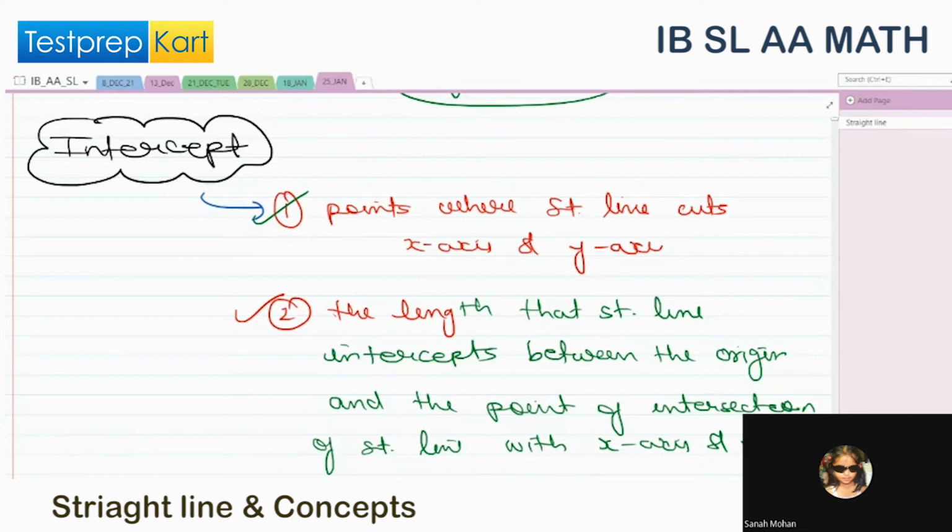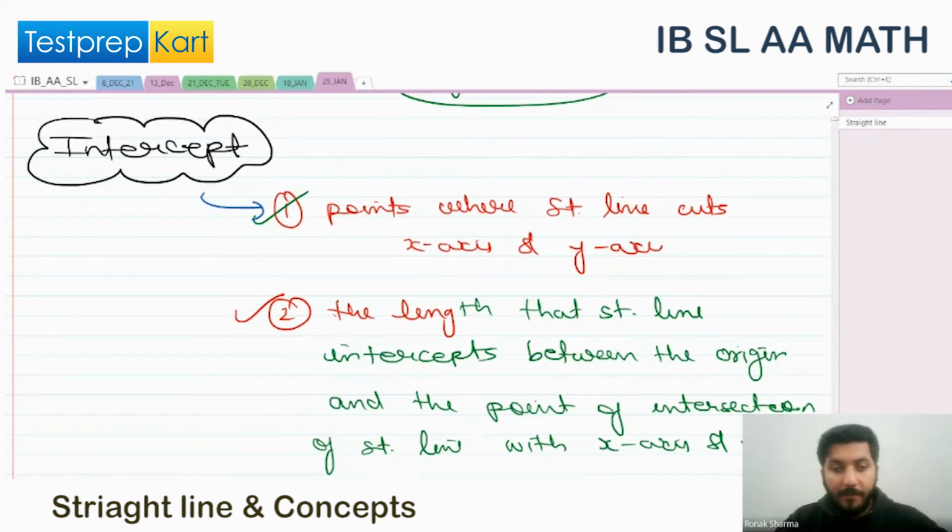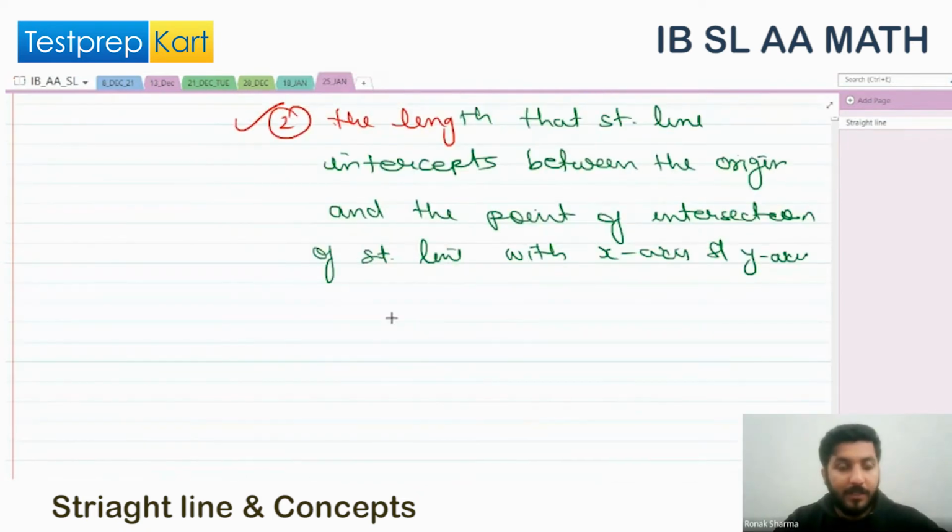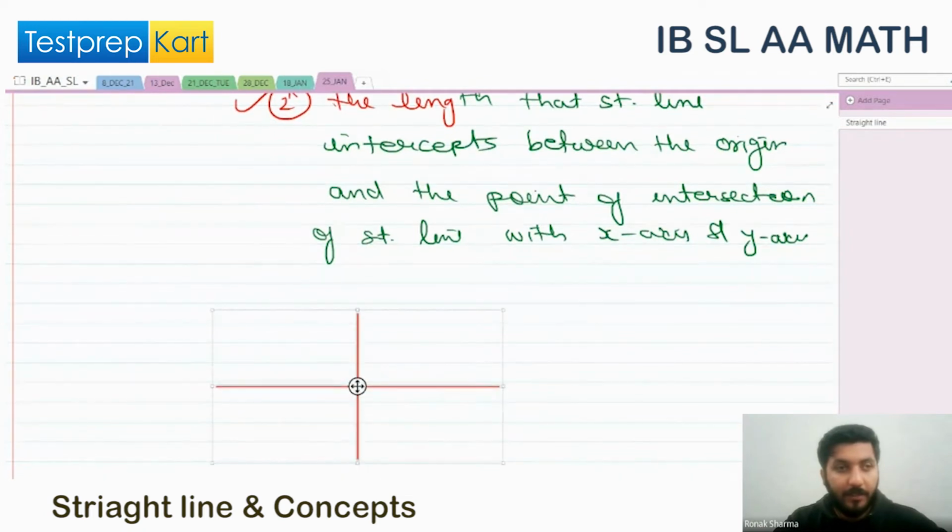Now, see, basically if I draw the diagram, let's say some straight line is there, like this. Then this is the origin, right? And these are the points of intersection of the line with the coordinate axes, that is x-axis and y-axis. So this point is let's say A, that is A comma 0.